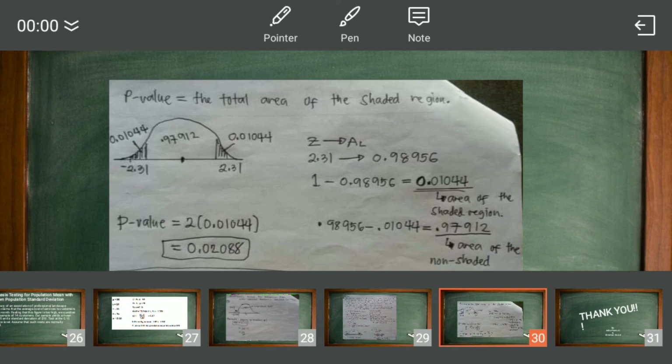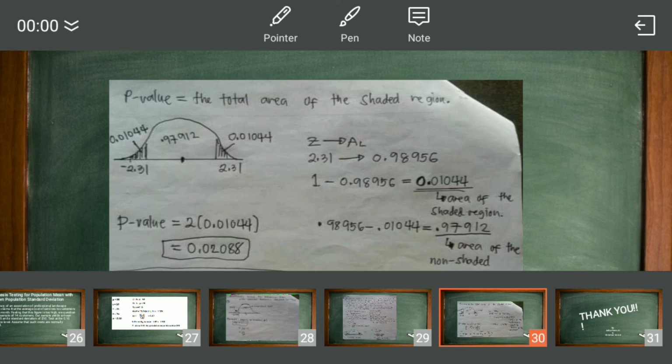Okay po, since nandyan naman po lahat or given na po lahat, kunin po natin yung ating p-value. Since p-value is the total area of the shaded region, i-multiply lang po natin yung 0.01044 sa 2. So ayan po, may makukuha po tayong 0.02088.